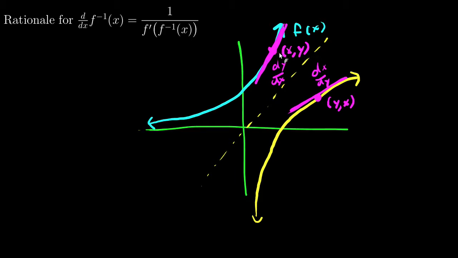So you can see it makes sense that I have these points that correspond. They're the specific points where if I take these coordinates and flip them, I get the other one. That's how inverses work. I'll label this as f inverse of x. And if I flip the x and y, I will find the reciprocal of the slopes. It's not perpendicular, it's not the opposite reciprocal, it just is the reciprocal. So that's a little rationale as for why it would make sense.